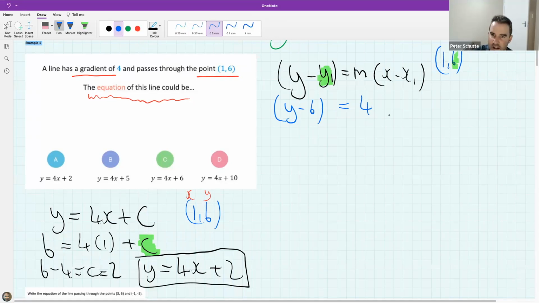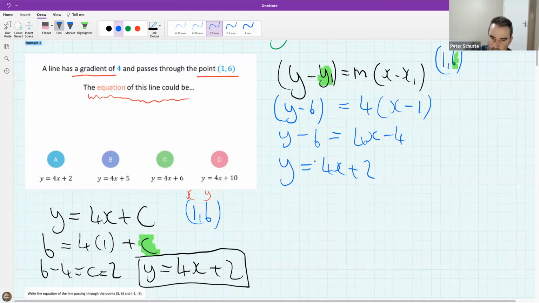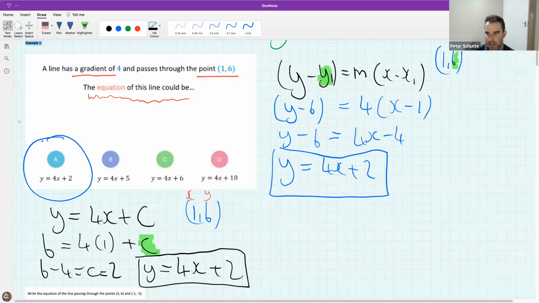And then here, I'm going to have x minus 1. And then if we multiply that out, let's hope we get the same answer. Add 6 to both sides. Good news is we get the same answer for both, and it's going to be A.